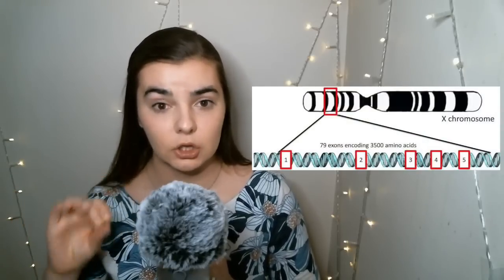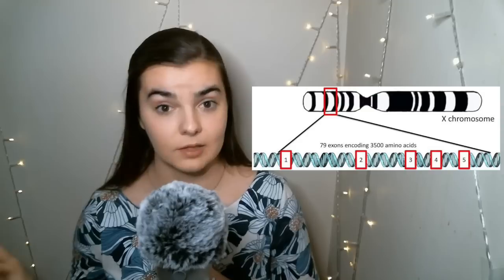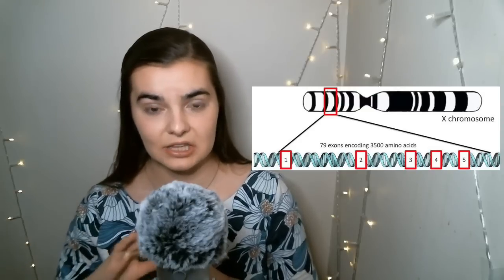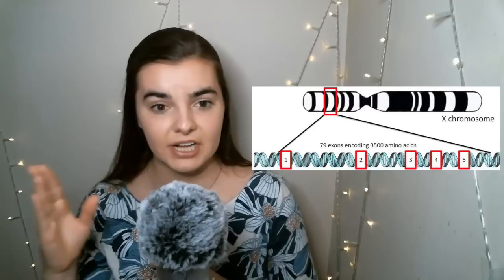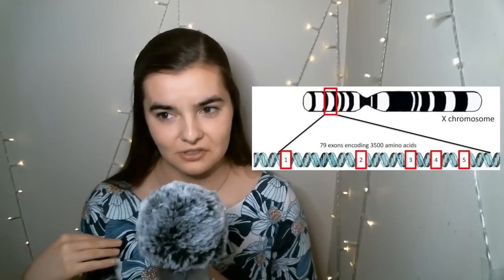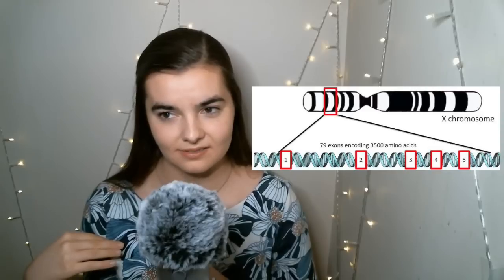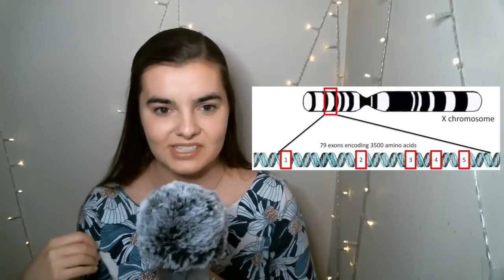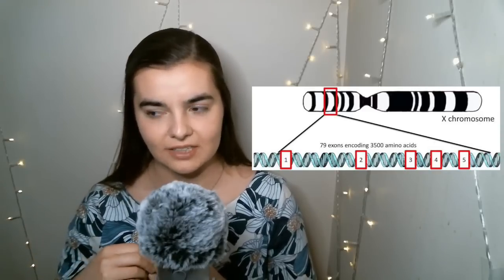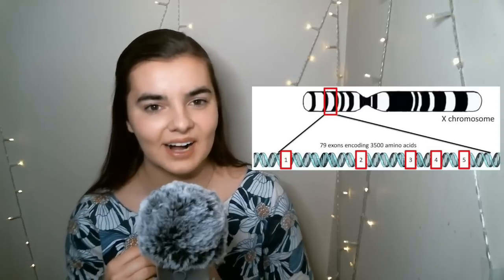The gene that codes for dystrophin is the largest gene in the body. It has the most genetic material. I haven't really told you about exons, but it has the most exons of any gene. Maybe I'll talk about that in a future video.